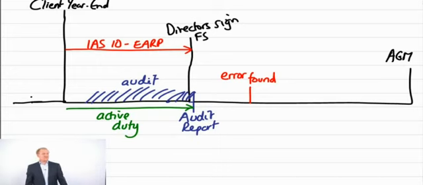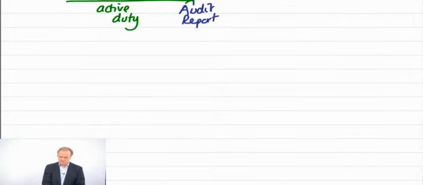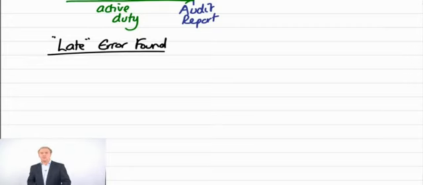What if an error is found after the director signed the accounts and the audit report has been done? Now, potentially, there are two possible ways out of this. And it all depends on what the directors are going to do.